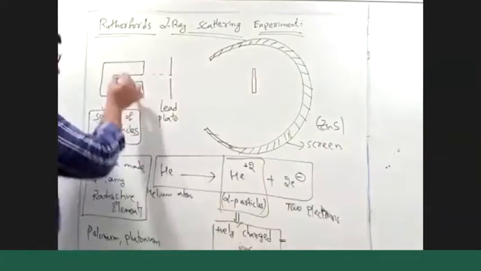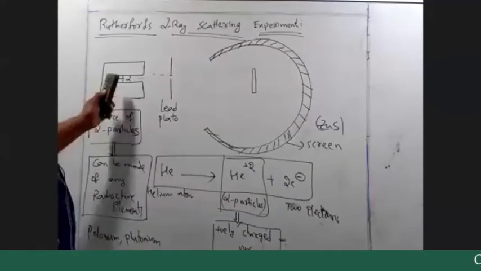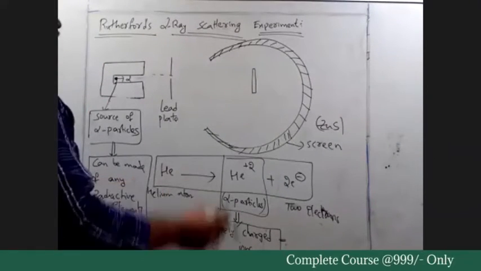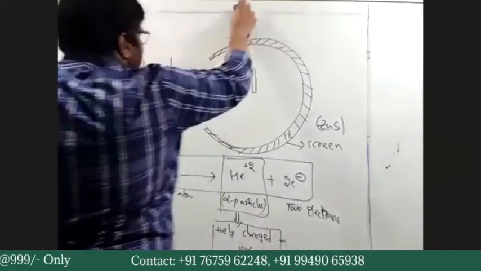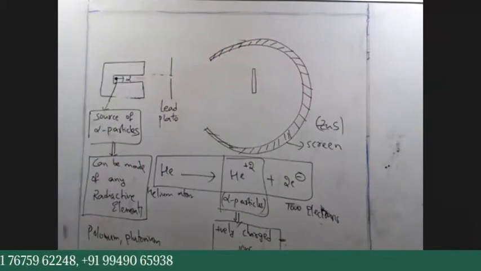So this alpha particle is generated right at this point, at the source. So I am raising this. The experiment name must be clear: Rutherford's alpha scattering experiment.